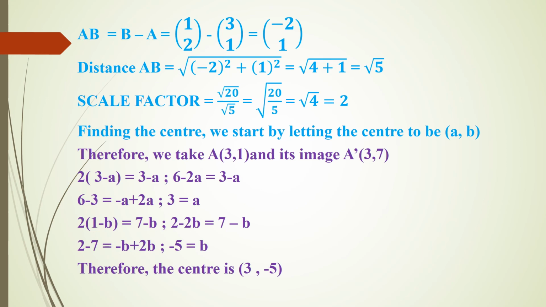Now if we multiply 2 times 1 minus b, you obtain 2 minus 2b, which you should equate to 7 minus b. Putting like terms, you obtain 2 minus 7, which is equivalent to minus b plus 2b. But minus b plus 2b is the same as 2b minus b, and that gives you b. 2 minus 7 gives you minus 5. That's how you obtain the value of b. And remember, earlier we said (a, b) represents the center. Therefore, the center becomes (3, -5).